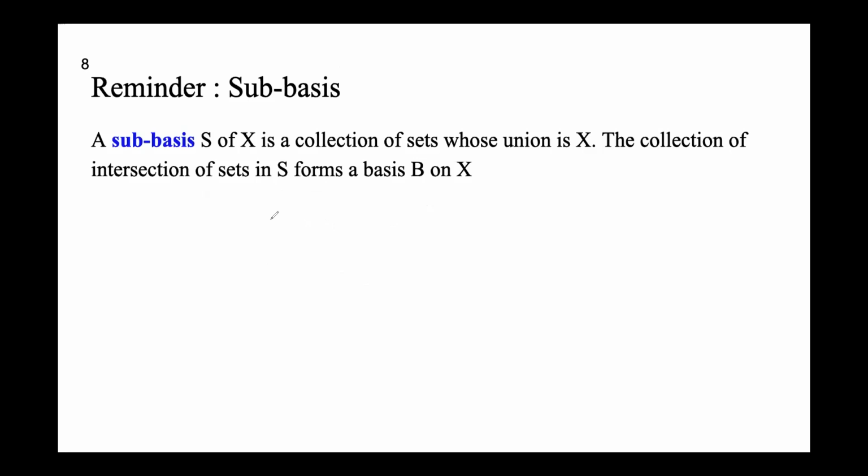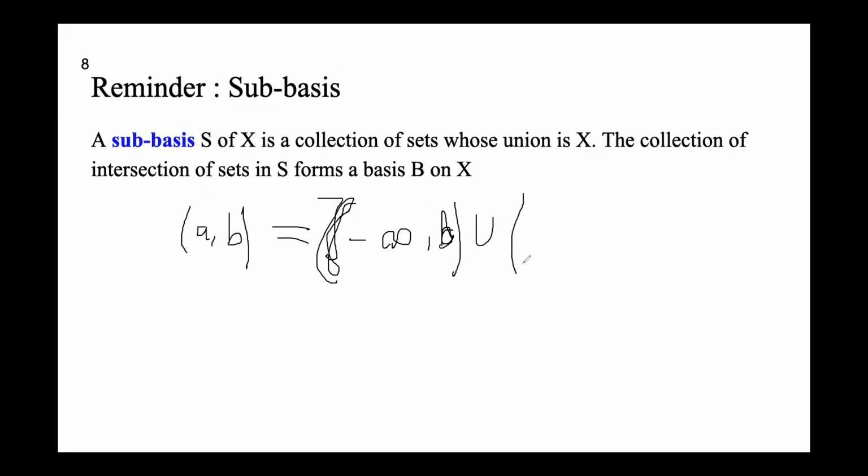So the interval AB here is equal to the intersection of these two open rays. Does that make sense?